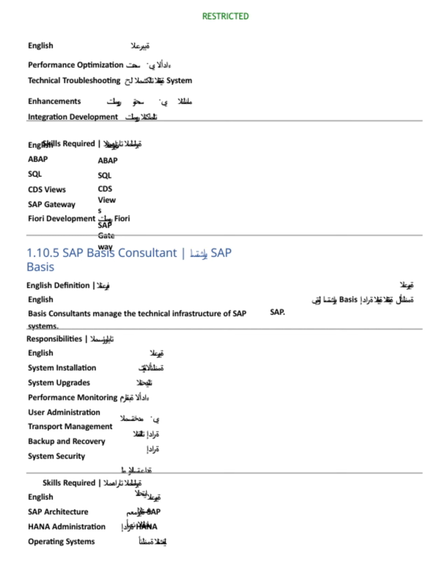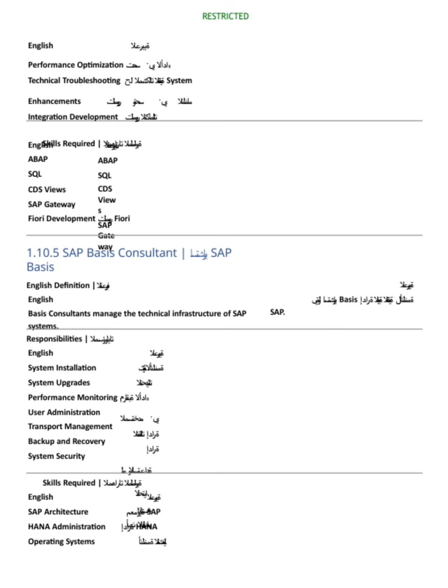This slide outlines the key skills and responsibilities involved in managing SAP systems. We're looking at SAP architecture, HANA administration, and the operating systems that support them. Core tasks include user administration, transport management, backup and recovery, system security, and performance monitoring. Basis consultants play a vital role.